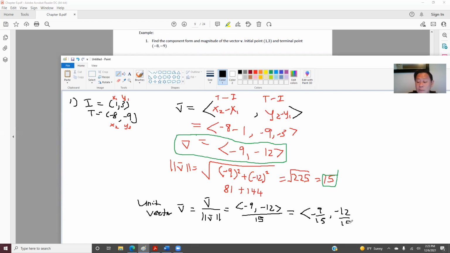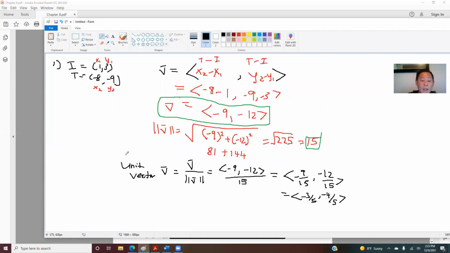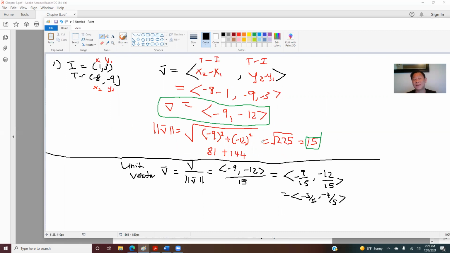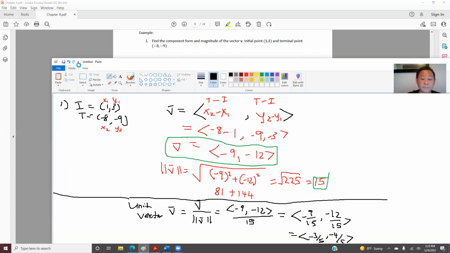You reduce this, and your answer is -3/5 and -4/5. So this is what we call a unit vector. I know the question didn't ask for it, but if a question does ask for it, you need to take those two and divide. Anyone have any questions on the first example we are doing here?